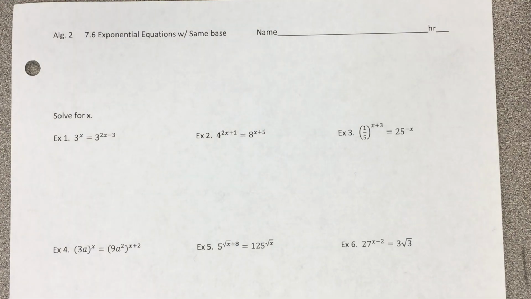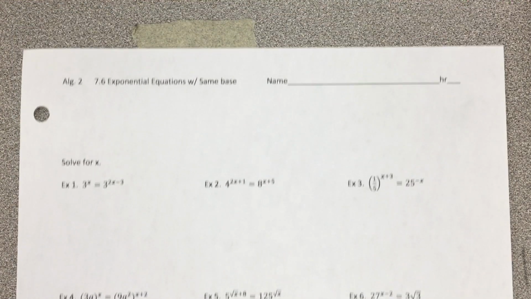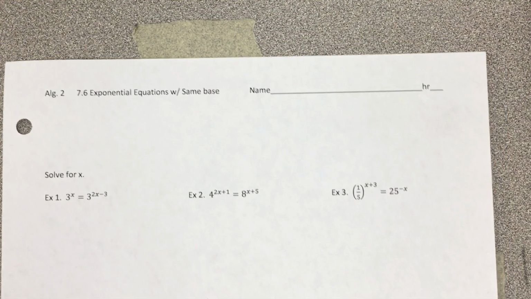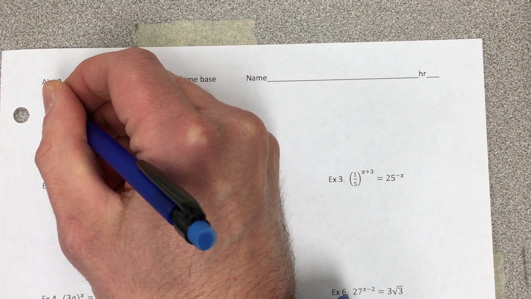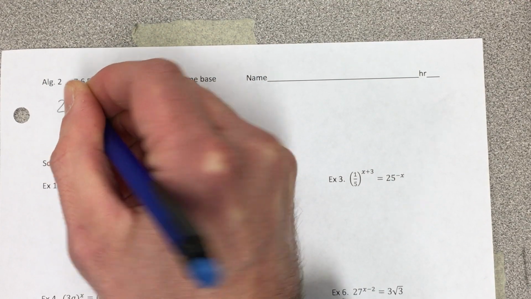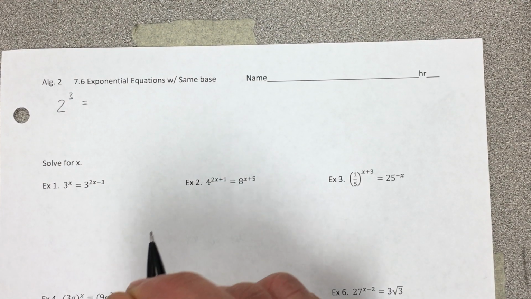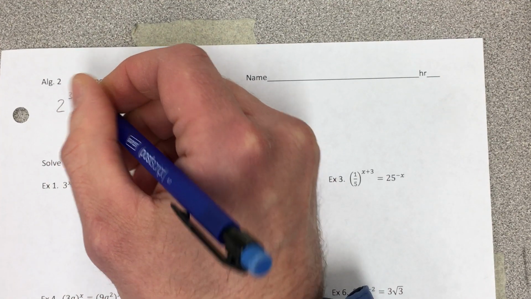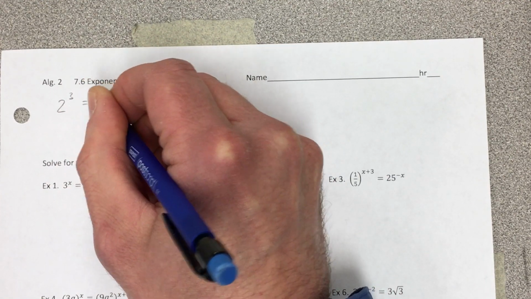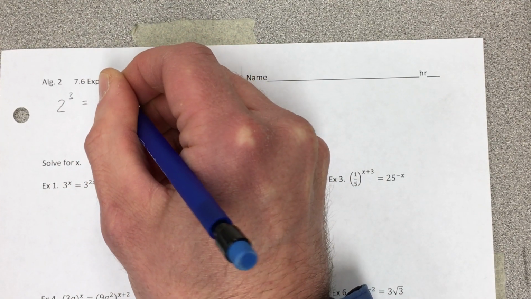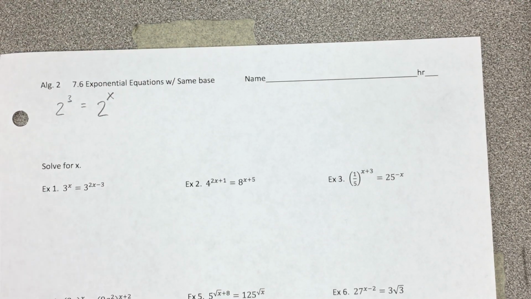So to start us out, let me give you an example of what we're thinking about here. Let's just take for example, if you got 2 to the third, and somebody says, let's set this equal to 2 to the x power, and they said, solve for x.